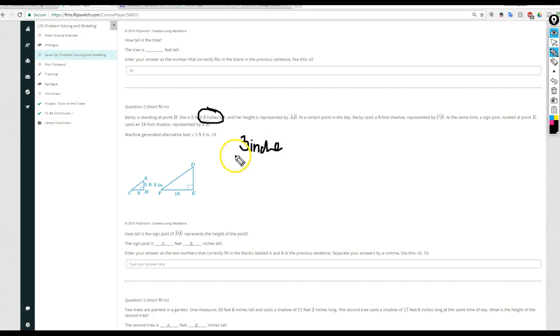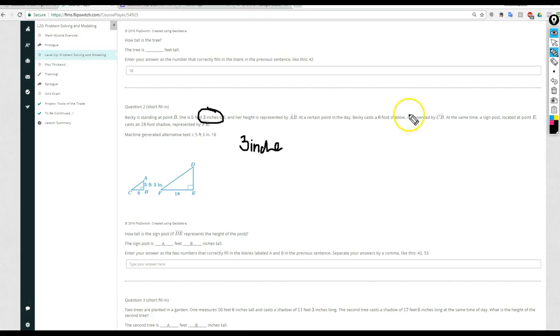And I know that there is 1 foot, sorry, there are 12 inches for every 1 foot. So I'm going to set this up as a proportion just to show you why.